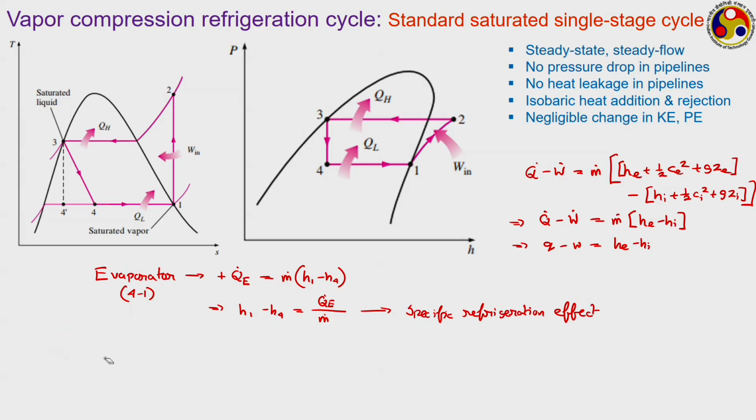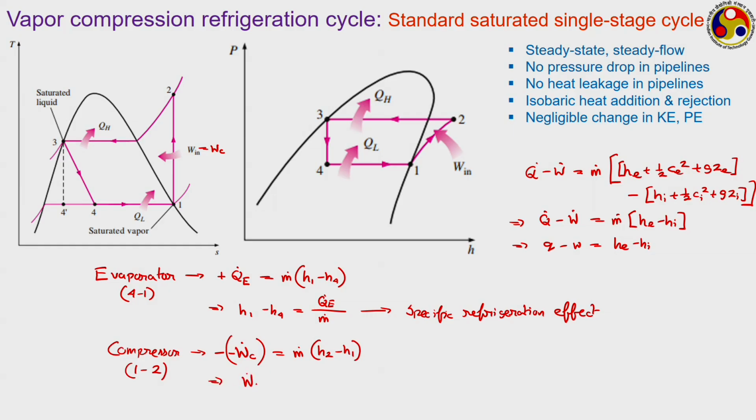Now, if we move to the compressor, for the compressor where our process is 1 to 2, we have assumed this to be isentropic. So, no heat transfer is taking place, rather work is being given to the system. So, let us write this W in to be equal to W C. In that case, minus W dot C is the work input given to the system, which is work being done on the system and hence negative, equal to m dot into h2 minus h1.